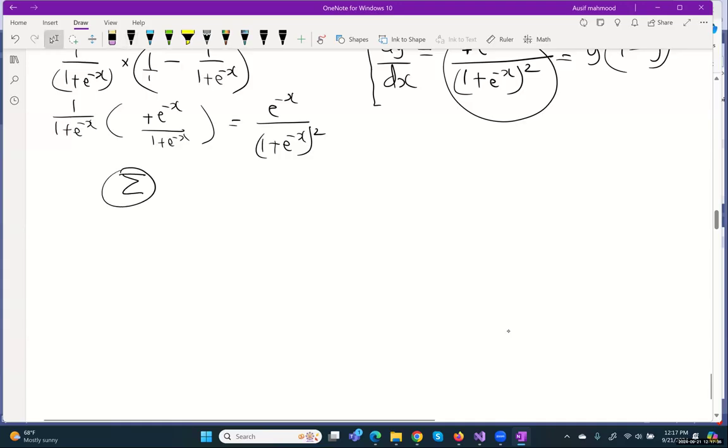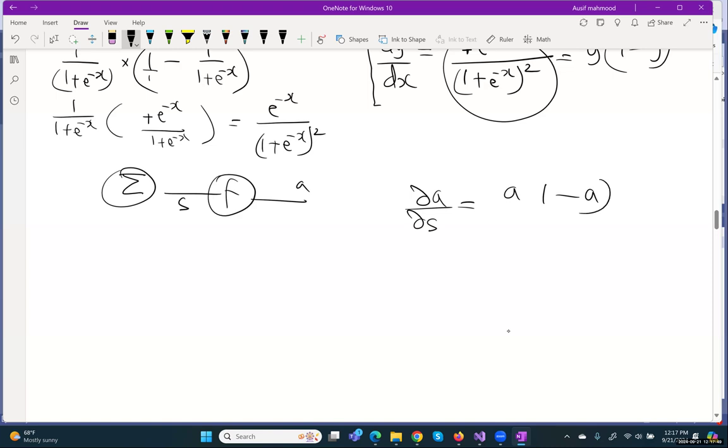What I'm trying to say is, if this is sum S, this is A, then partial A over partial S is the same as A times 1 minus A. Just like I said, if this input is x, output is y, then dy over dx, just like I showed you, is the same as y times 1 minus y, right?